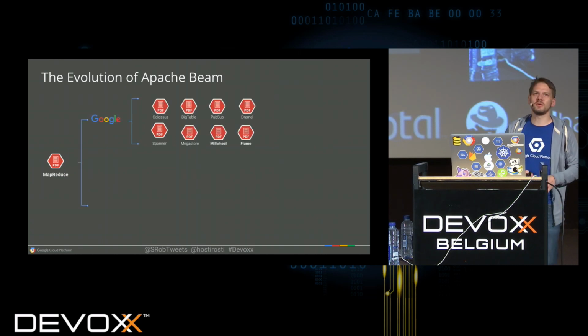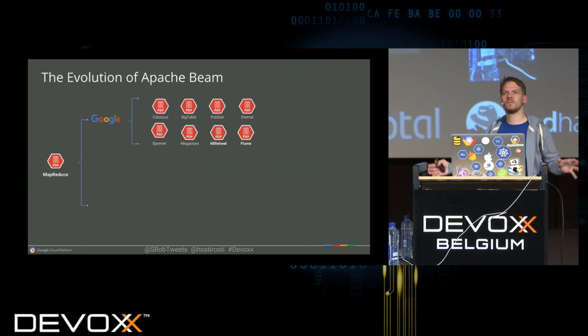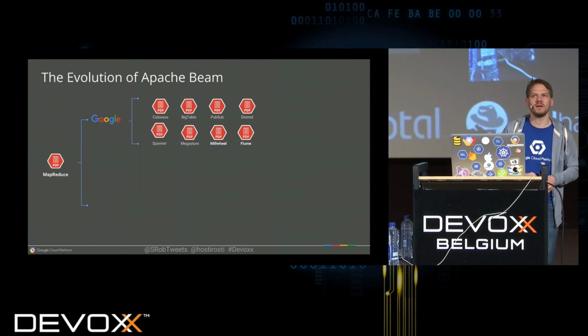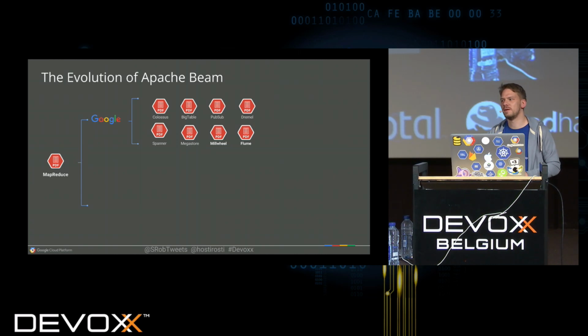So let's recap how we got to Dataflow and what we want to achieve with it. MapReduce undoubtedly kicked off a whole industry of processing large amounts of data, and Google developed and improved its data processing pretty much in a closed environment.